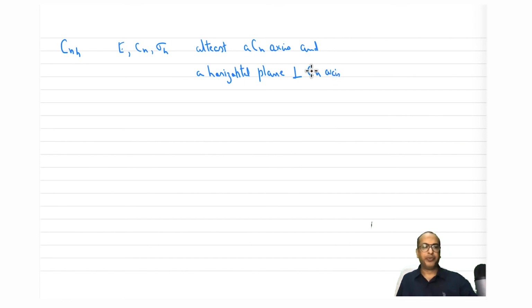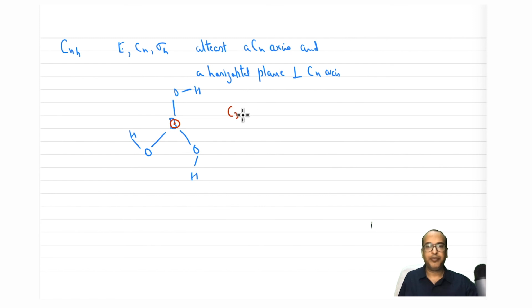Okay, so for example, let's look at B(OH)3. Everything is in plane. There is a C3 axis which is perpendicular to the plane of the board, and there is a molecular plane which is sigma h, right?